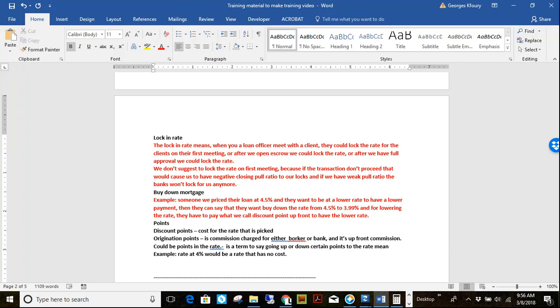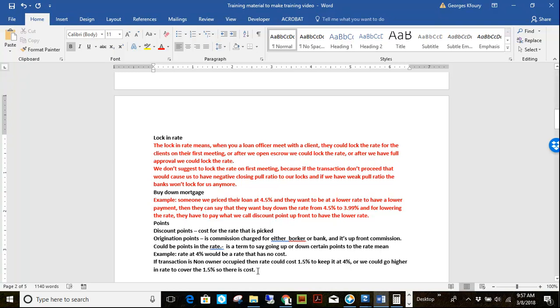Now, if the transaction is non-owner occupied, then the rate could cost 1.5 points to keep it at 4%, or we could go higher in rate to cover the 1.5%, so there is no cost.